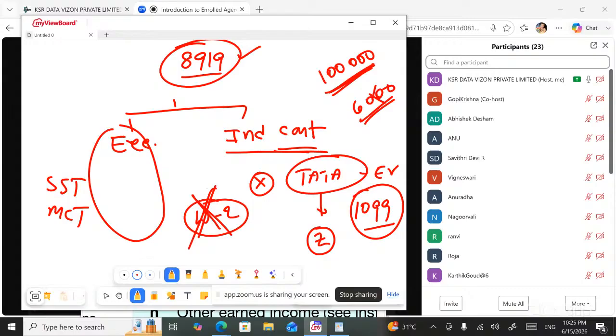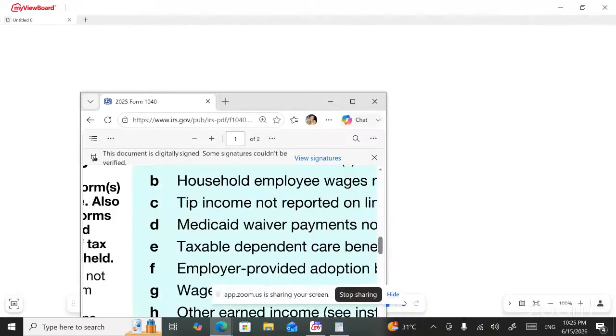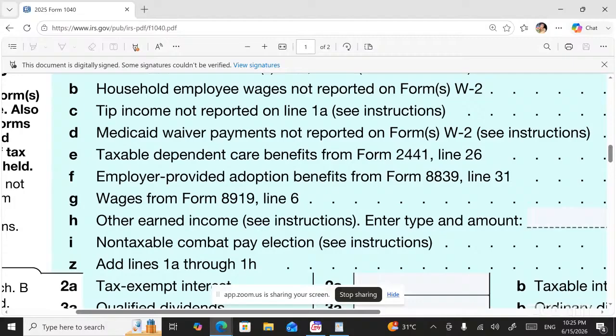Okay, now coming to the main form. If anybody has any doubt on this point, anybody?